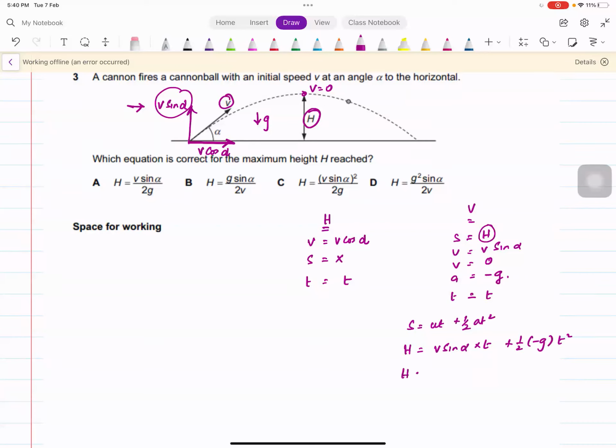So this will become v sine of alpha t minus half gt squared. Now, what do I need to do? I have this, but if I notice, there is no t in the answer. So I need to replace that somehow.